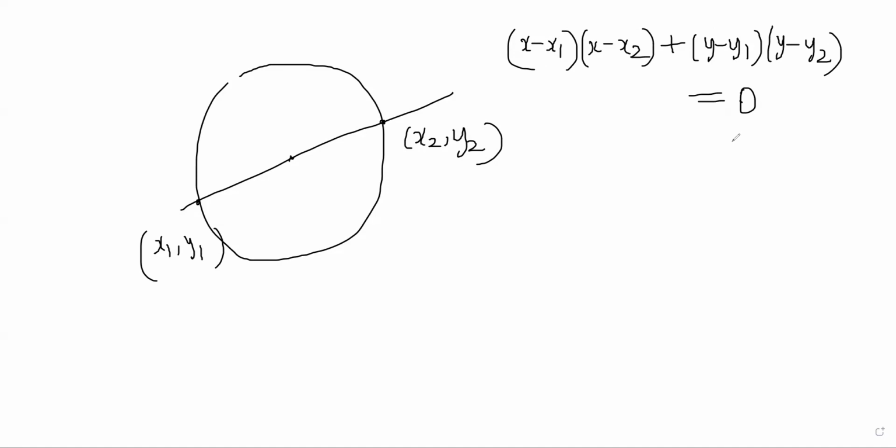Sir, because if you draw lines from the endpoints of the diameter to any point on the circle, like say P(h, k), the point where it subtends the angle on the circle, then the lines joining (h, k) to (x1, y1) and (h, k) to (x2, y2) are perpendicular, so the product of the slopes is -1.